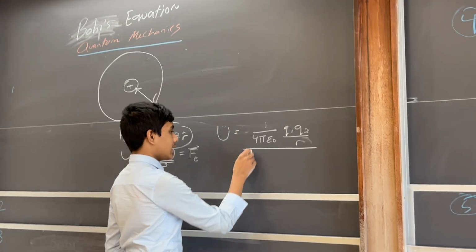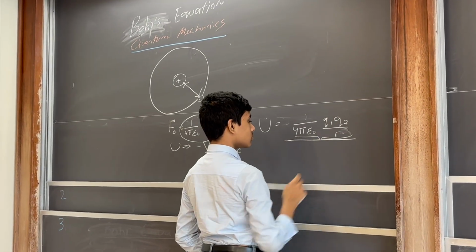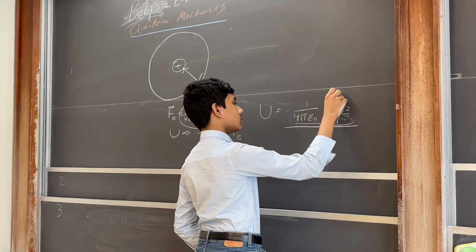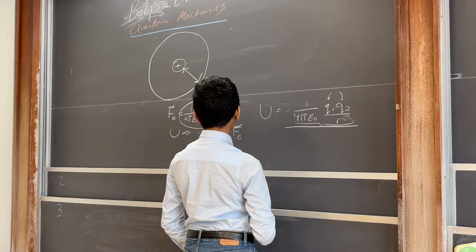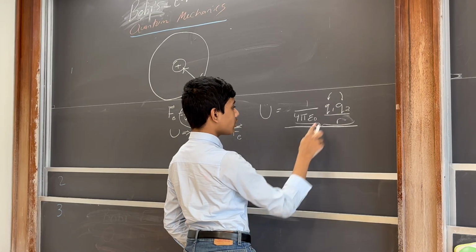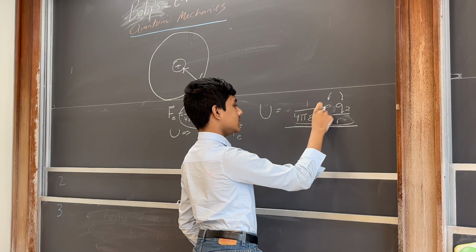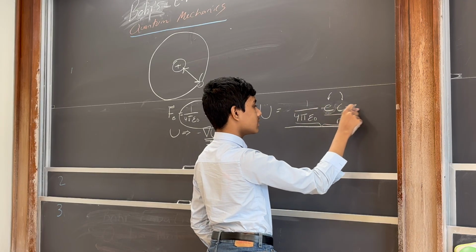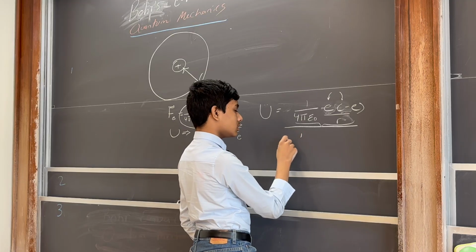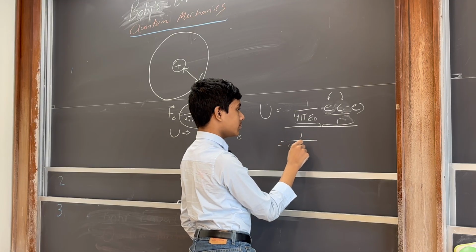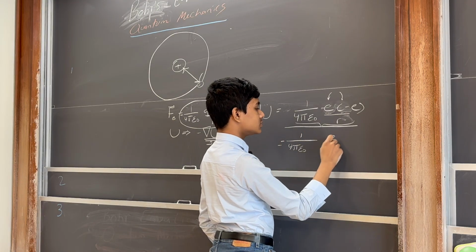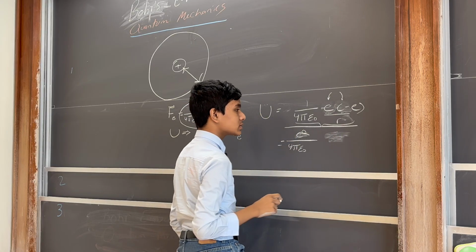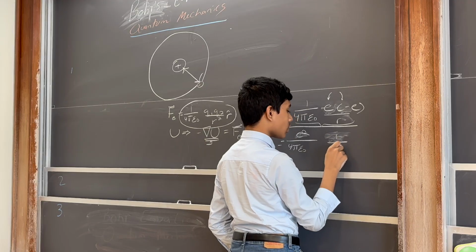So, now that we have this, what do we do with it? Well, first we plug in the magnitudes of the two charges. Charge 1 is the proton with magnitude e, and charge 2 is the electron with magnitude negative e, which gives a potential of minus e squared over 4 pi epsilon naught times 1 over R.